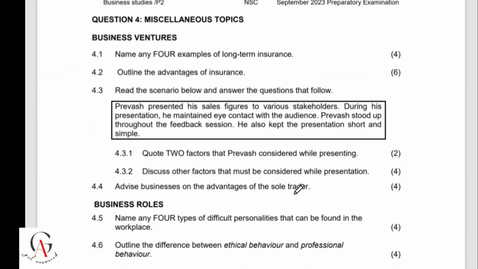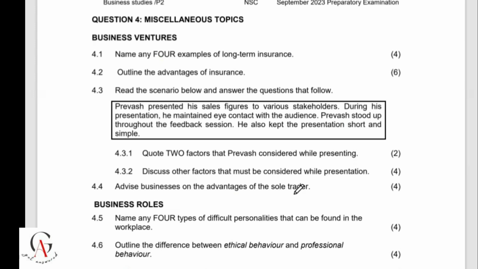So in order for you to master question 4, you should understand business roles as well as business ventures, and also the topics that appear under both business ventures and business roles. Okay, right. So now let's check 4.1.